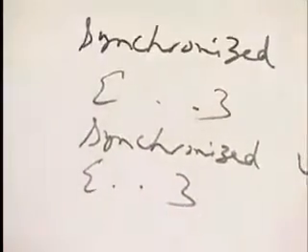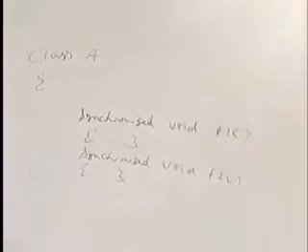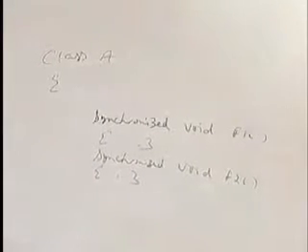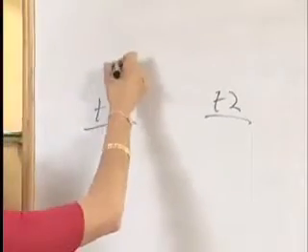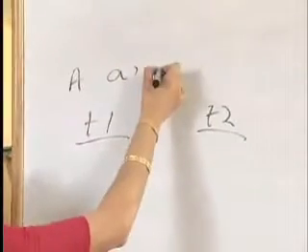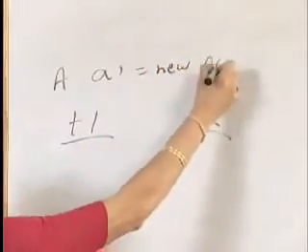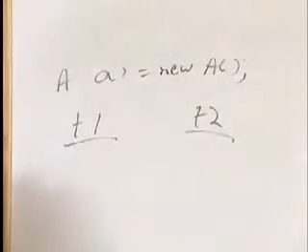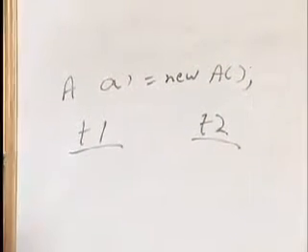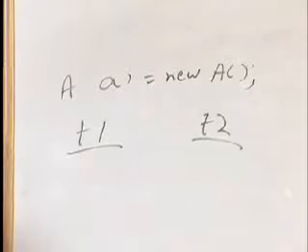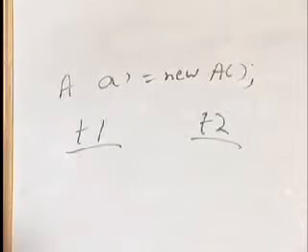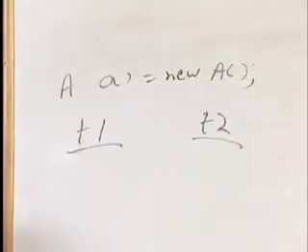So I have these two synchronized functions in class A. Let's say I have thread 1 and thread 2, and I have object A1 for class A, which both the threads can access. Remember, the lock is on the object. Keeping this in mind, think about all the different scenarios that we're going to come across.